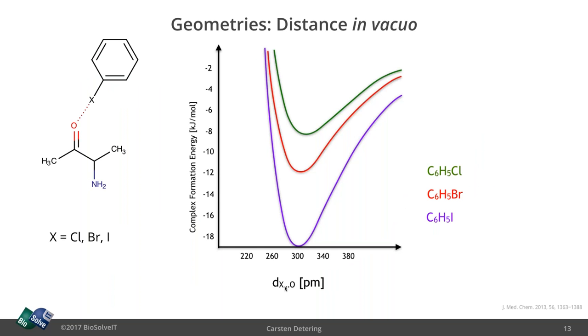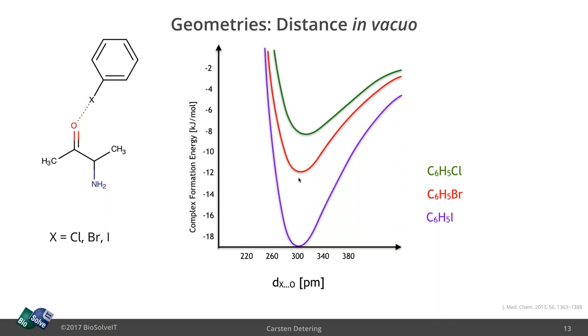Let's talk a little bit about the geometries here. A lot of computations have been dealing with these types of interactions, halogen bonds, and a typical model system for a protein backbone is N-methylacetamide, and this interaction here was done between chlorobenzene, bromobenzene, and iodobenzene. These are shown in green, red, and purple, respectively.